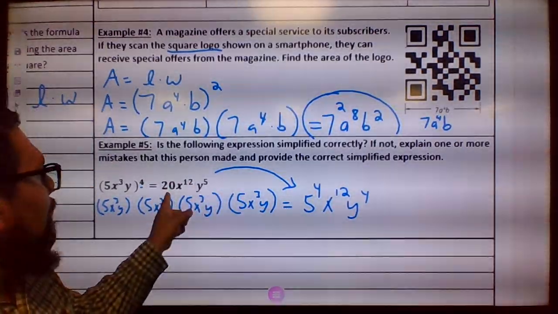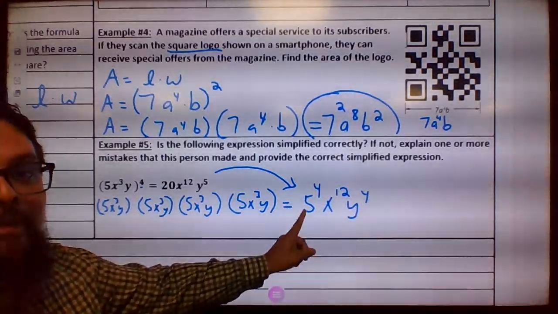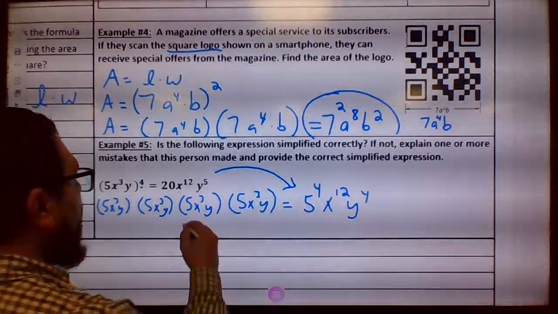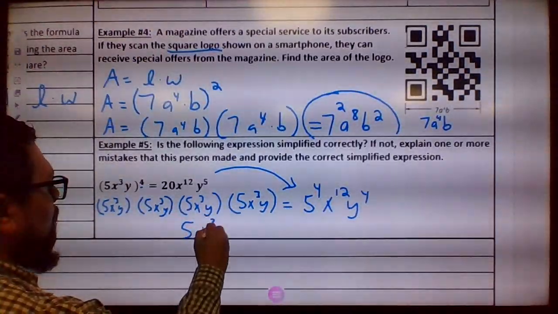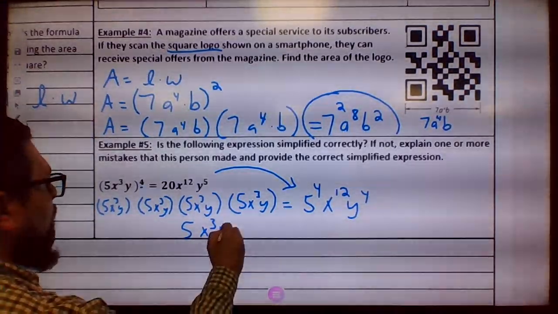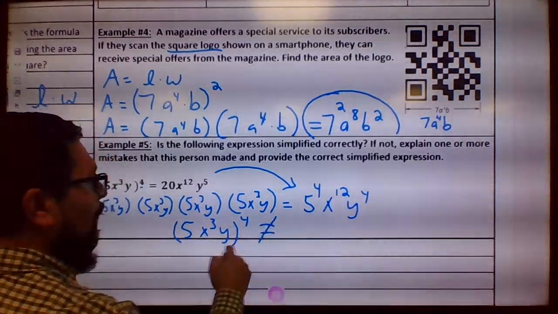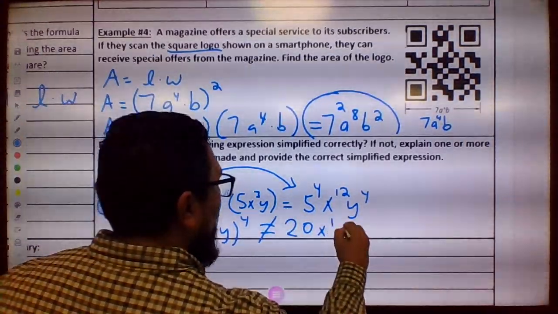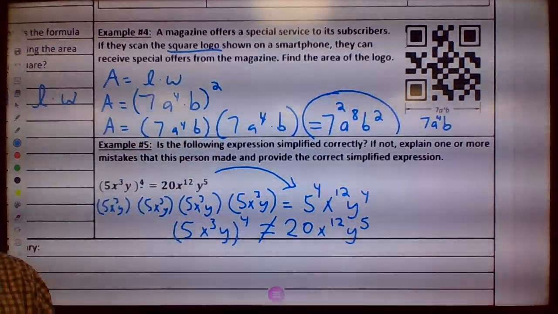This does not equal 20, right? This is 5 times 5 times 5 times 5. That's a big number. So they are not equal. 5x to the third y to the fourth does not equal 20x to the 12th y to the 5th. It does not equal.